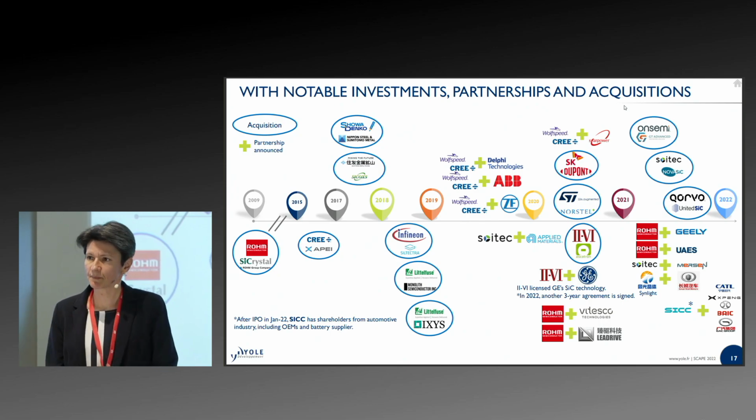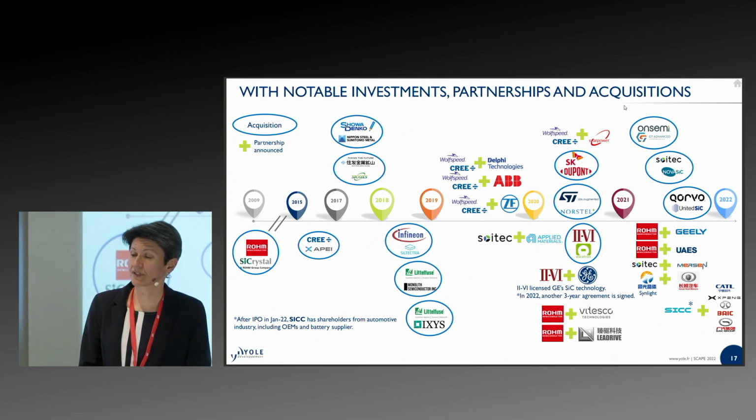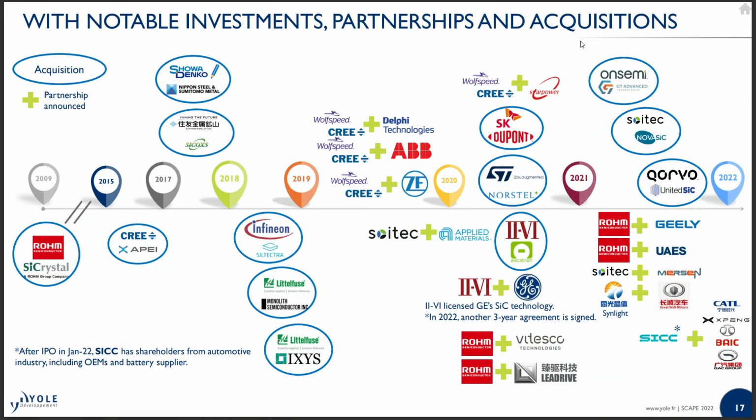Looking at the investments, so also, I mean, for an industry to come up with some reasonable market sizes, reasonable market volume, that means there has been consolidation, there has been a lot of partnerships and acquisitions. So the story with silicon carbide is more the early 2000s, but with a lot of players acquiring the right technology. So we've seen ROHM acquiring SiCrystal for the substrate, the business model in the company.